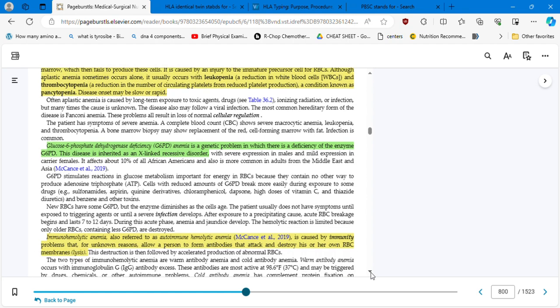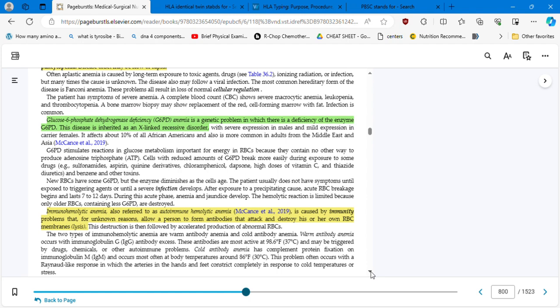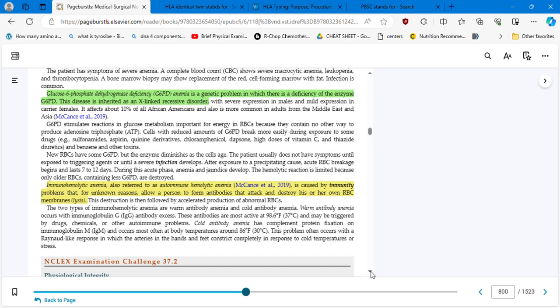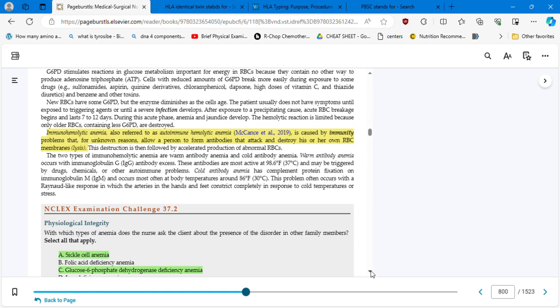Okay, just to make a brief recap. Immunohemolytic anemia, also referred to as autoimmune hemolytic anemia, is caused by immunity problems that, for unknown reasons, allow a person to form antibodies that attack and destroy his or her own RBC membranes. This process is called lysis.